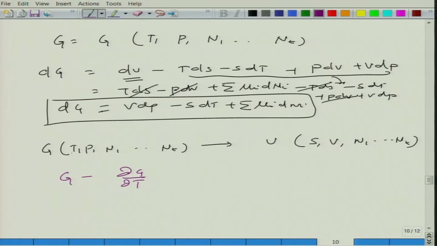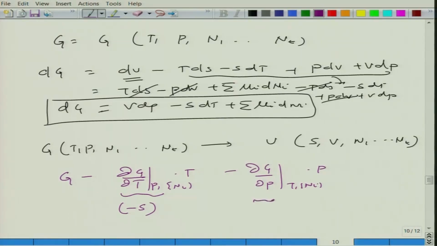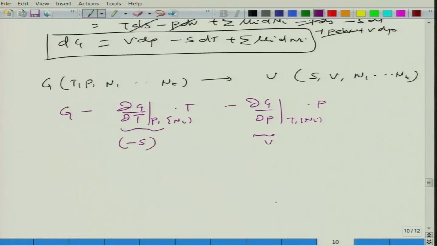That means you have to take the slope with respect to that, with P and n_i constant, and then multiply by T, minus, you would like to replace this keeping T and others constant, and here is P. If you look at this differential expression, then this is nothing but minus S, and this is nothing but V. So, you have now G plus S T minus V times P.